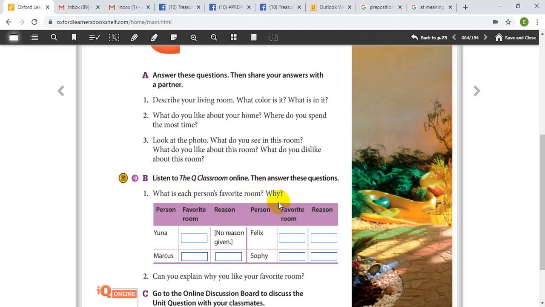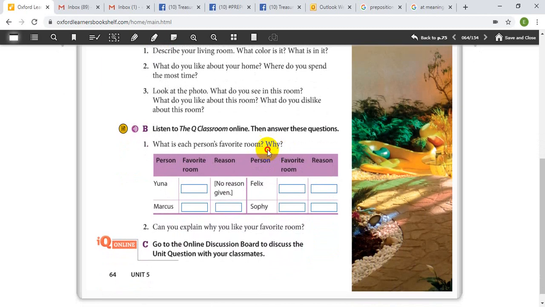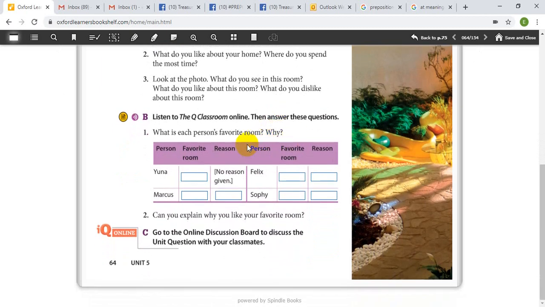They're going to give a reason why that room is their favorite room. So first of all, they're going to tell about which room is their favorite room, and then they're going to tell why, like they're going to give the reason. Okay, all right, so let's listen to it and then we will have a look at the answers.